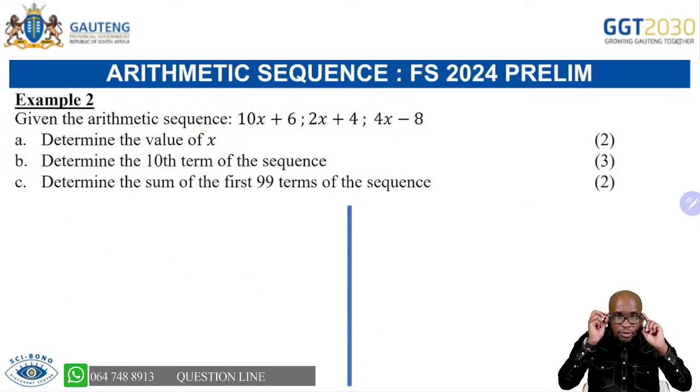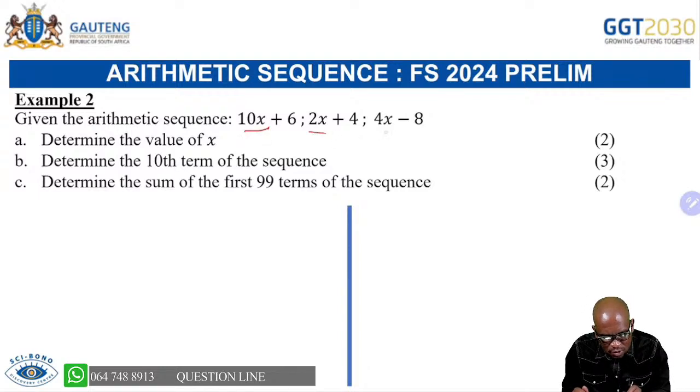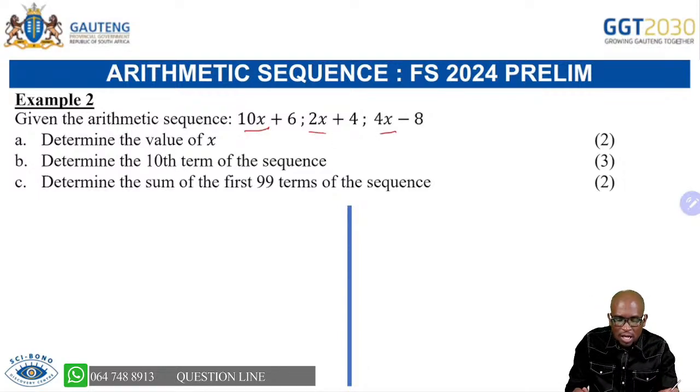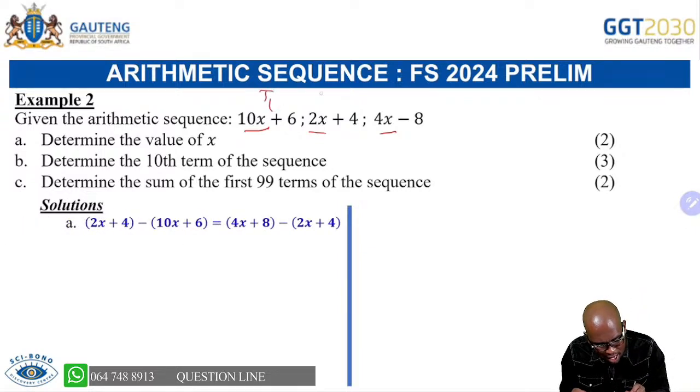Now, this one, I'll do it as an example. It's the second example. Given the arithmetic sequence, now it is given in terms of variables. They say calculate the value of x, determine the 10th term of the sequence, and determine the sum of the first 99 terms. Let's check the solutions. For A, determining the value of x, obviously this is T1, T2, and T3.